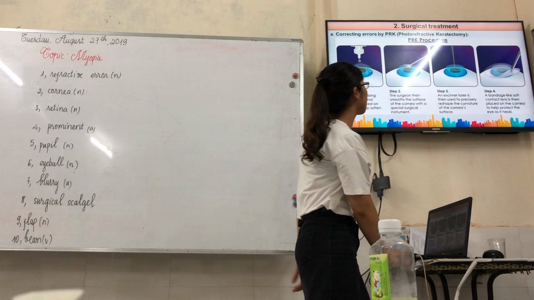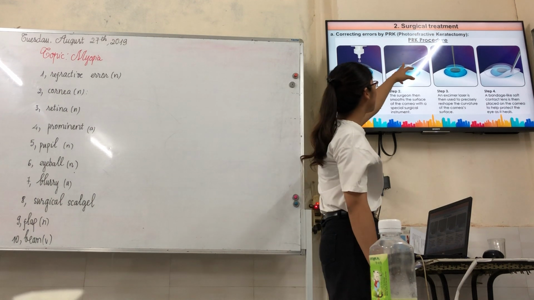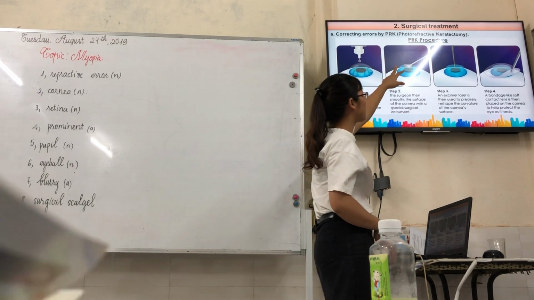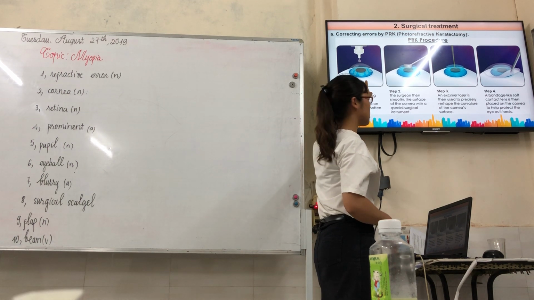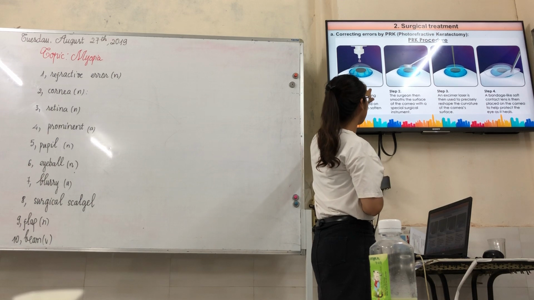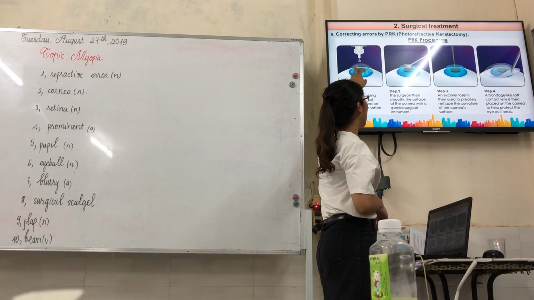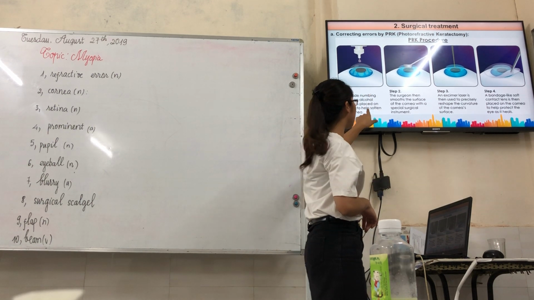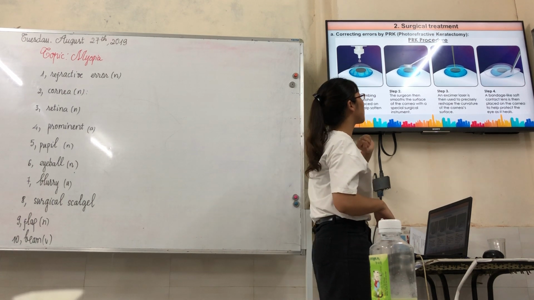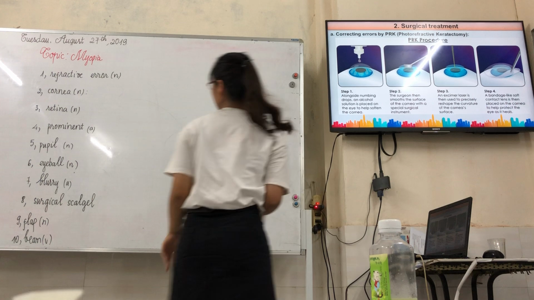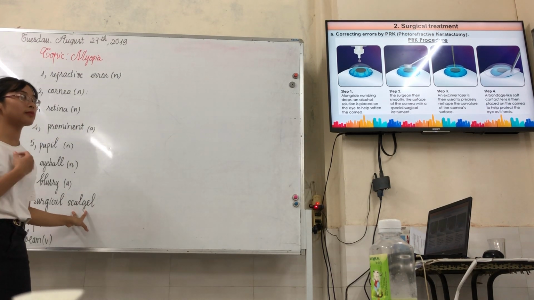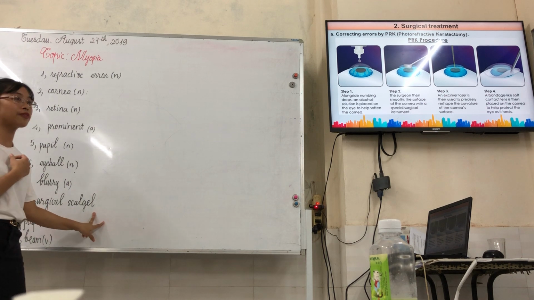Yeah, and you can see in the PRK, the eye surgeon will use the eye drops to make the cornea soft, and then they will use the surgical scalpel. This means a kind of surgical knife.